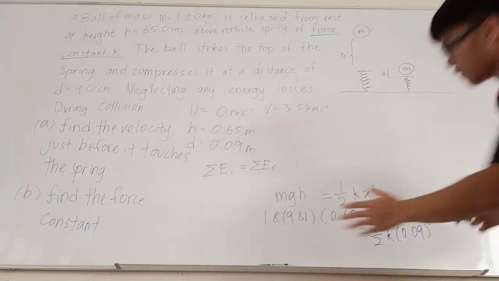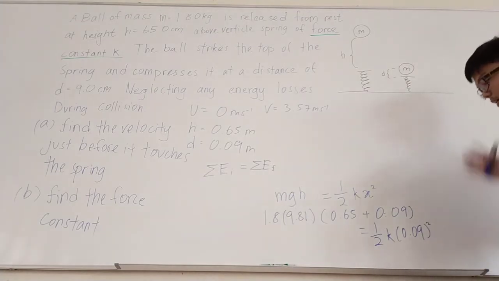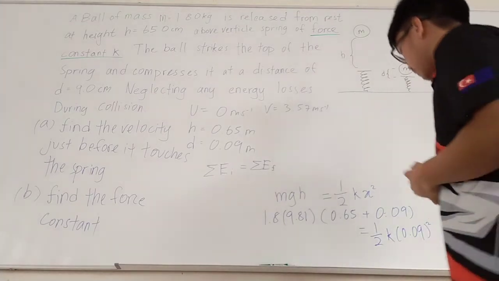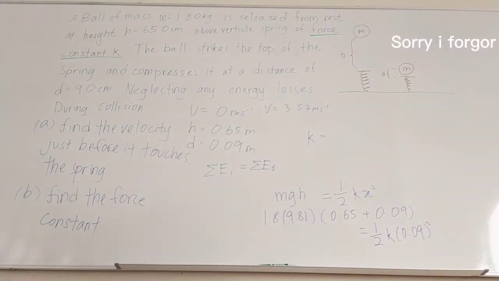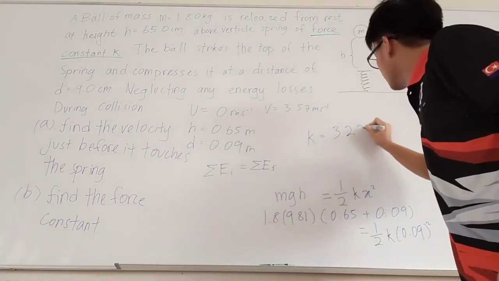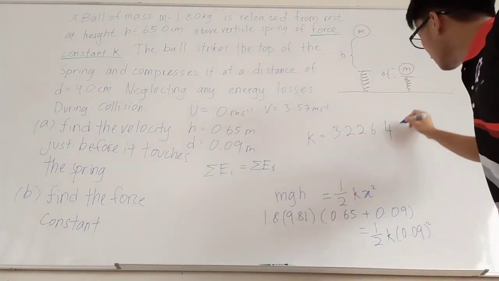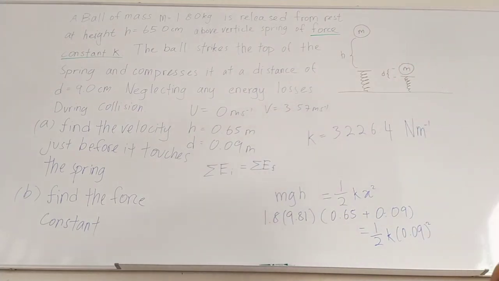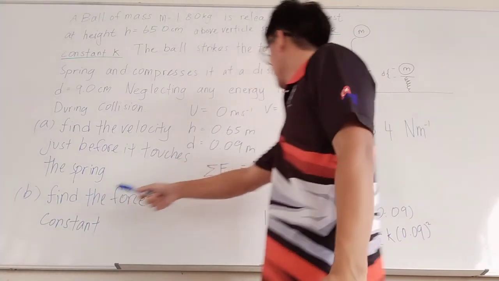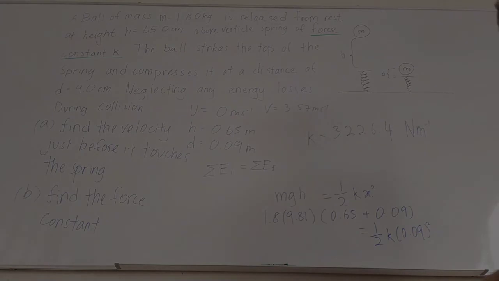Now, if you do this, you will get K as 3226.4 Newton per meter. And this is how you do question 8b. This is the spring constant. Thank you.